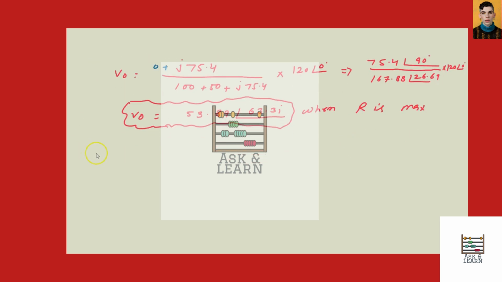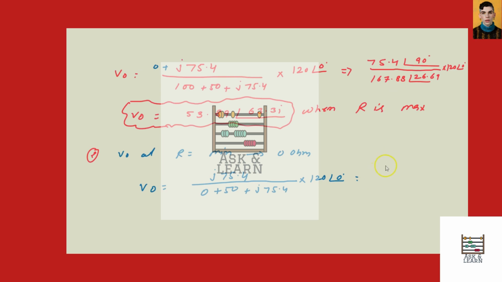Now we calculate the output voltage when R is minimum. In the second case, R equals the minimum, which is 0 ohm. Then V naught equals j 75.4 upon 0 plus 50 plus j 75.4, multiplied by 120 angle of 0 degree.